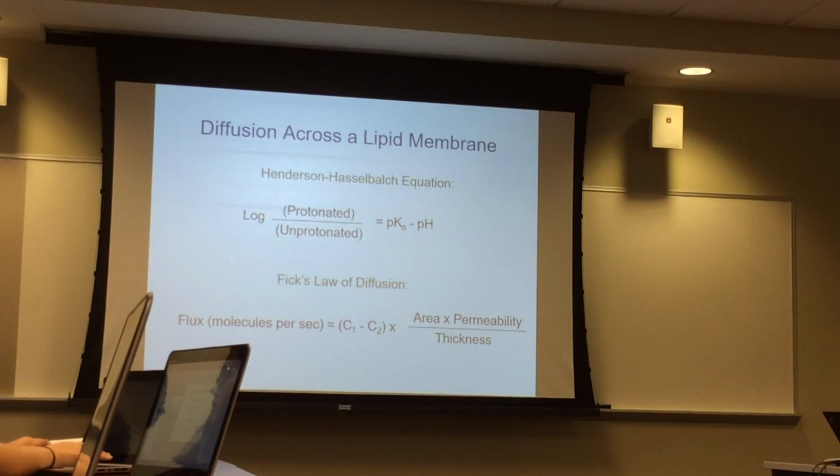This applies for basic drugs and acidic drugs. Notice protonated versus unprotonated, that will change which one is ionized, which one is not ionized. As a rule of thumb, for drugs to cross the membrane, do they have to be, what do you think, ionized or non-ionized?